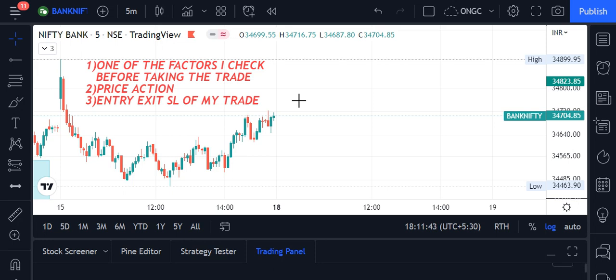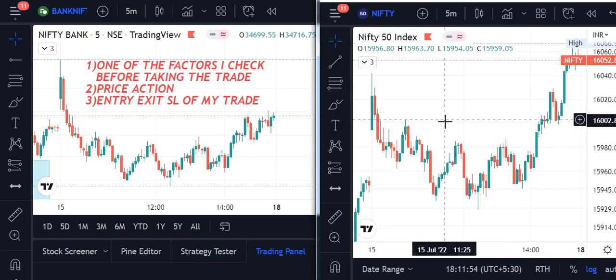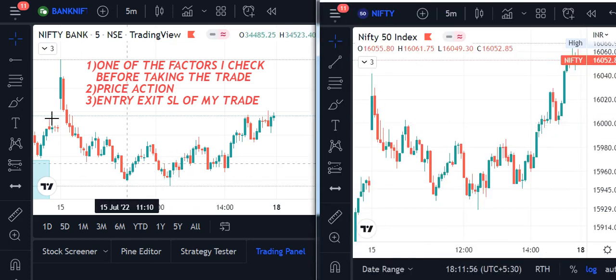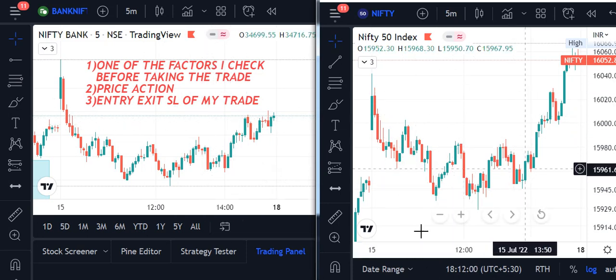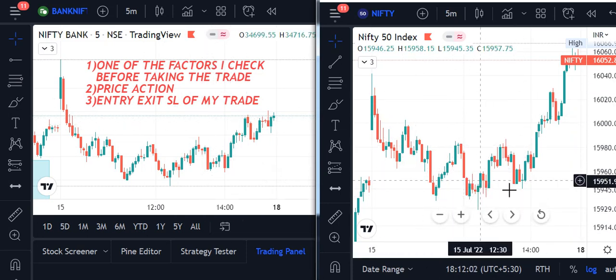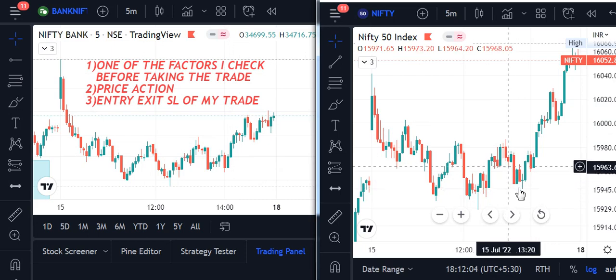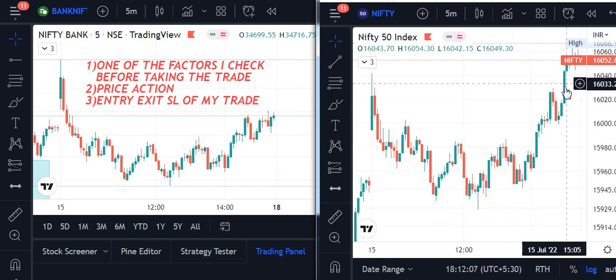Now, the first factor I see when I want to take the trade is this. If you see here, without pivots and 20 EMA, could you find out anything here? Can you say from this area it would go like this, from this area it would come like this?